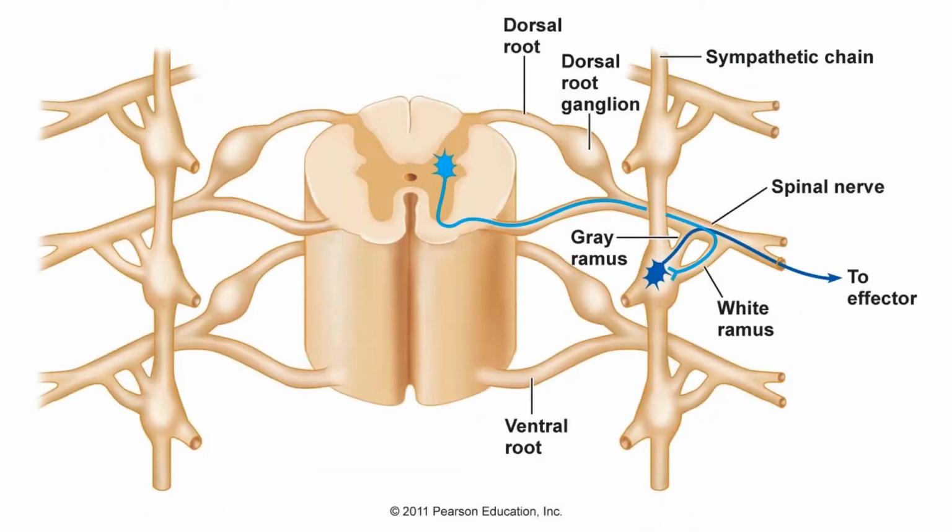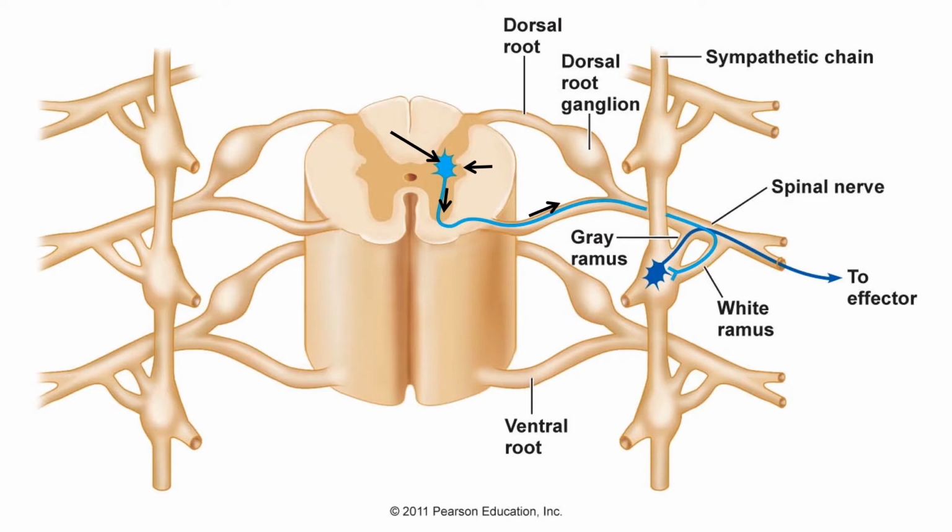Here is what is happening to the white rami communicantes. Here is the cell body in the lateral horn. It is going to send an axon which is myelinated, therefore it is white, called the white ramus communicans.